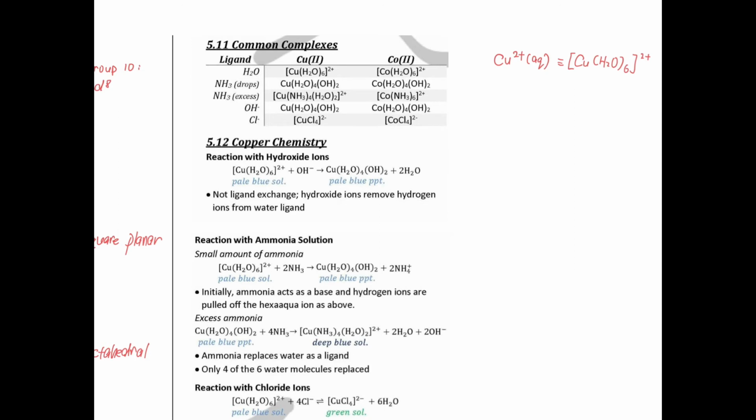So we look at their reaction at the same time. The copper 2 ions in aqueous, you add hydroxide to it. The hydroxides will go through a reaction here, which is called hydroxide ion removing hydrogen ions from water ligand.